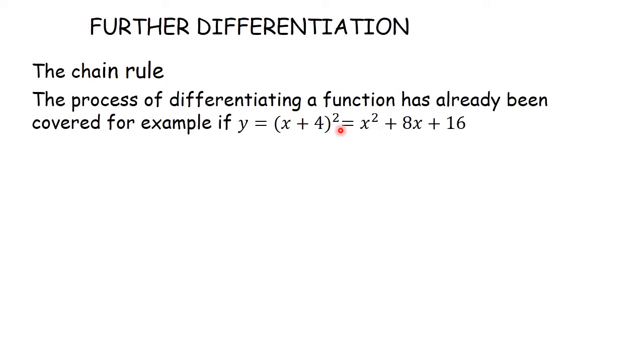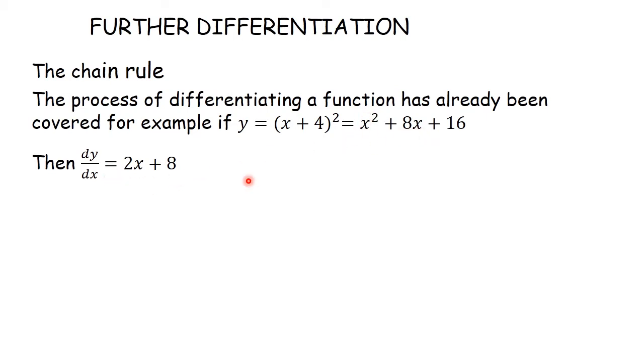So this one we can easily expand. The one on the right hand is the expansion of (x + 4) squared, which gives us x squared plus 8x plus 16. Because we can easily expand this, we can use the previous knowledge to get the derivative of that function.